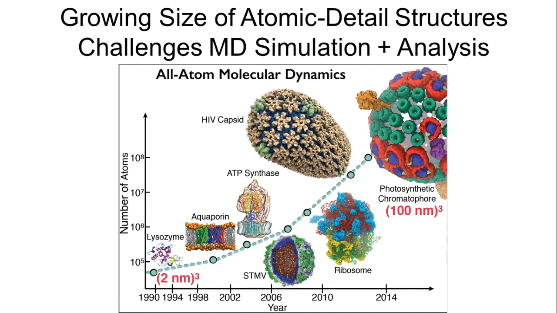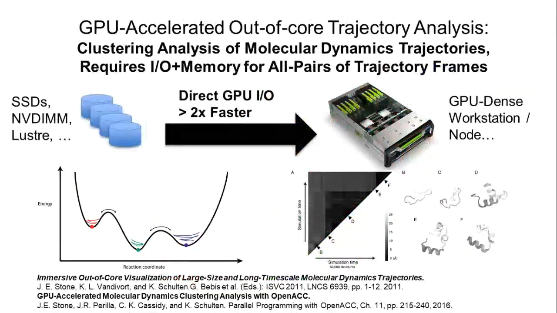And so this is pushing molecular simulations in that direction. And so this places a lot of strain on the tool chain, for preparing, analyzing and visualizing these large complexes.